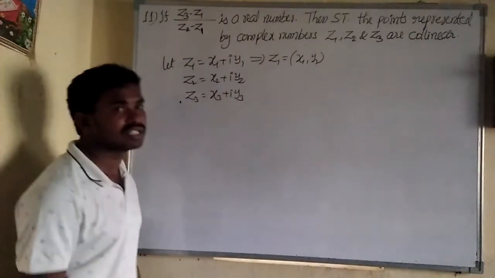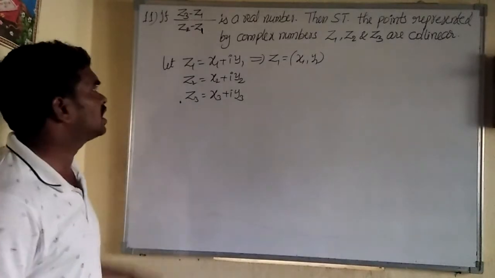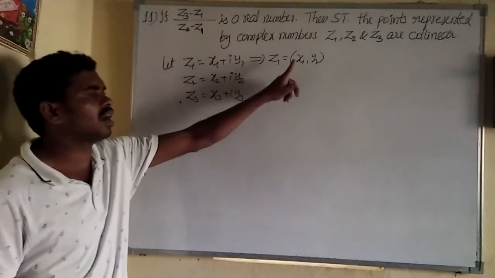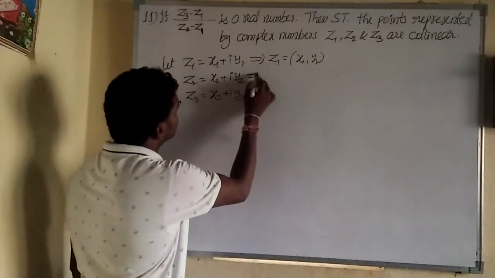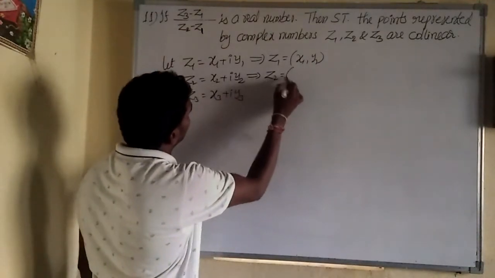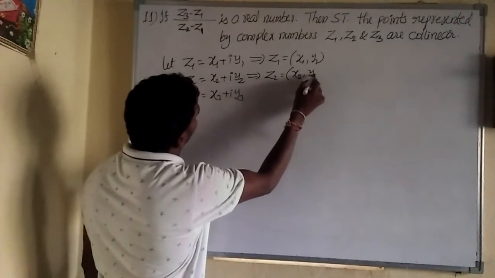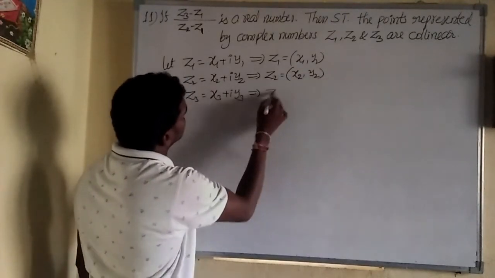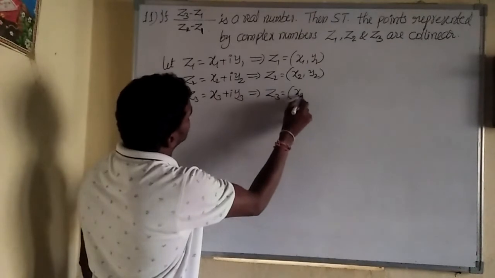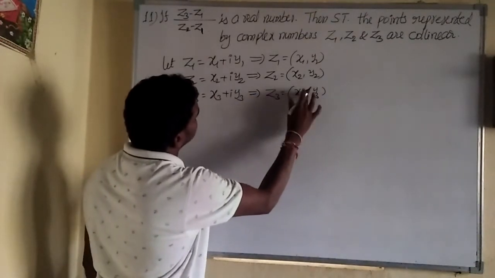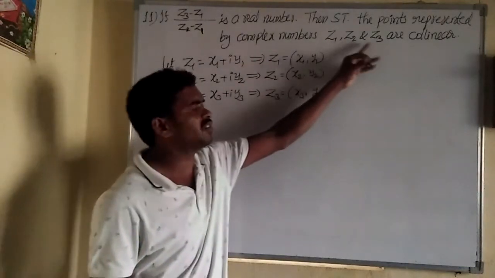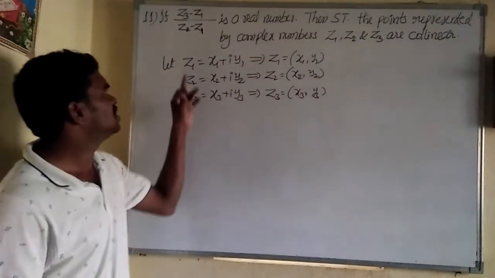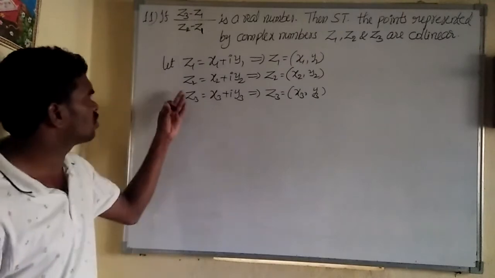In the first class, I told you another form of a complex number is an ordered pair. Similarly, z2 equals (x2, y2), and z3 equals (x3, y3). It is clear: 3 complex numbers z1, z2, z3 are mentioned.